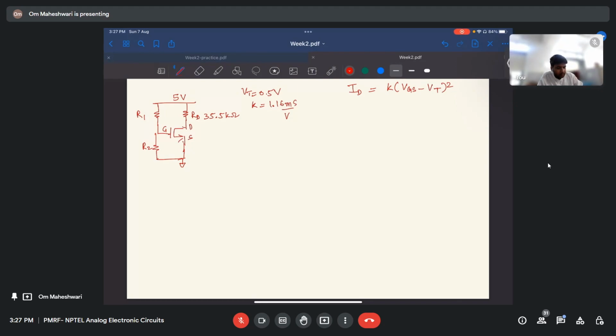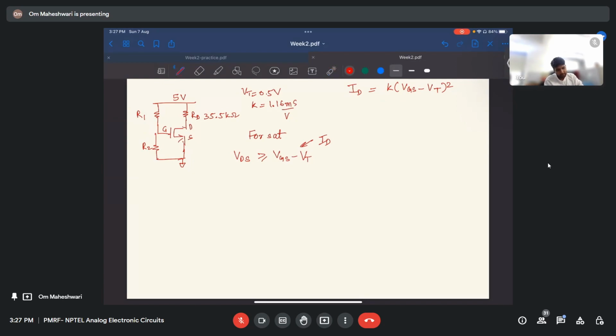And for saturation, we know VDS should be greater than or equal to VGS minus VT. So we have to find ID. So instead of VGS minus VT, we will try to introduce ID somehow, since we have to find maximum ID. So we will find it from here.